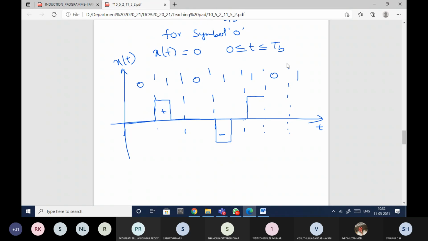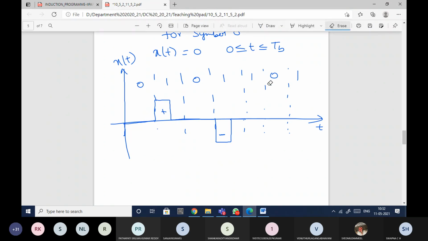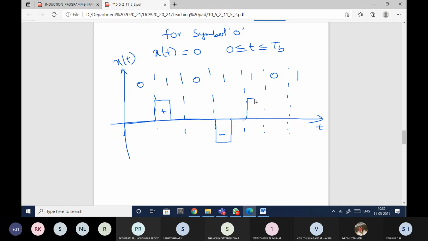Then again I have got a 1, so it will be the inverse of this negative: positive for half of the interval, then 0. I've got a positive amplitude for the previous one, so the next one will have negative amplitude. Here, if you observe, I have an even number of ones, so the average value of this waveform, which we also call the DC value, will be equal to 0.